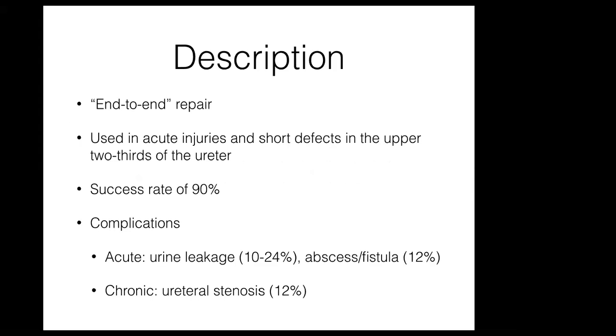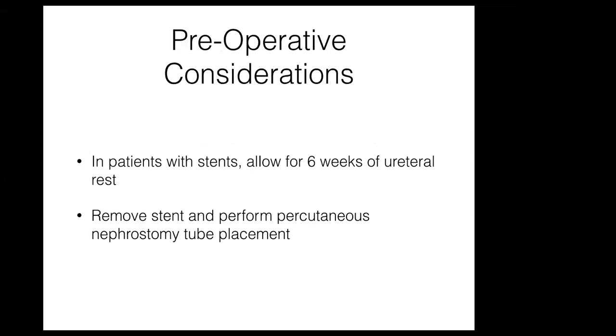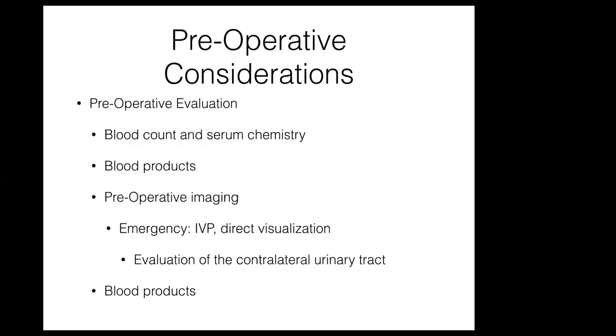The chronic complication for UU is ureteral stenosis, which occurs in 12% of cases. Now, preoperatively, in cases of patients who will be undergoing UU for strictures, in patients with stents, allow for 6 weeks of ureteral rest. Afterwards, remove the stent but perform percutaneous nephrostomy tube placement.